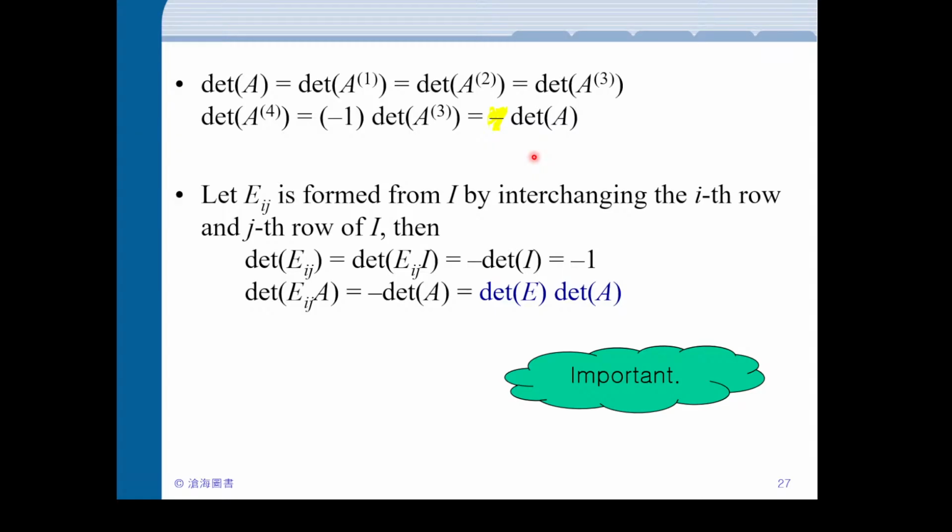In general, when you interchange two rows of your matrix A, you get a -1 on the determinant of A. And it's quite easy to calculate, because the matrix is a whole bunch of 1s: the determinant of this E_ij, which interchanges the ith row and the jth row, is -1.